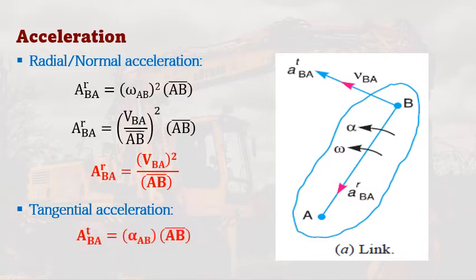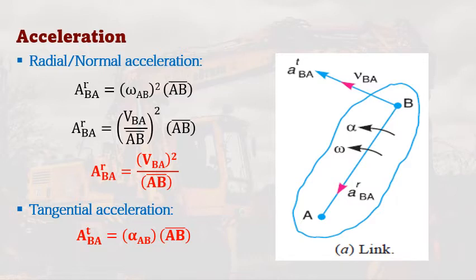On the other hand, the tangential acceleration, or the component which is tangent to the normal acceleration, can be computed using the formula: the angular acceleration alpha of that particular link multiplied by the radius, or the length of the link.